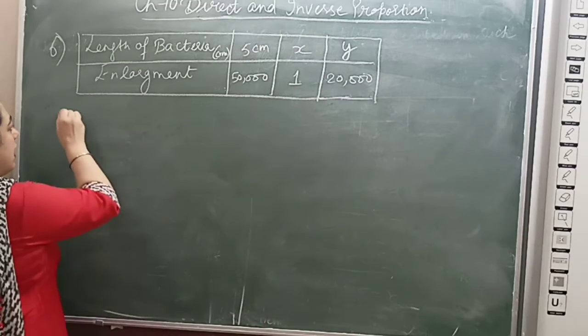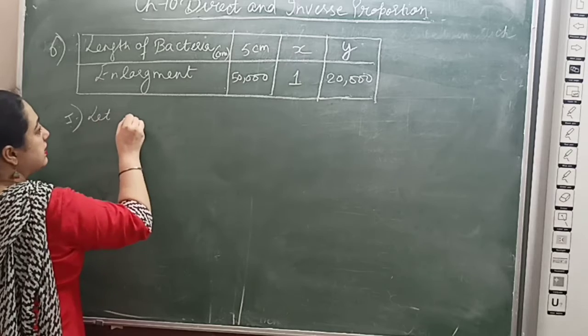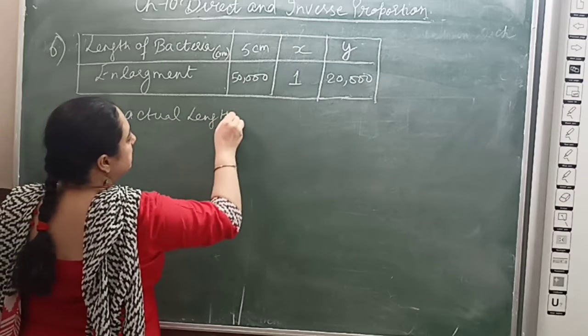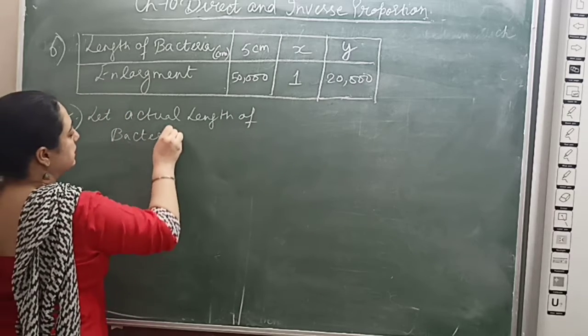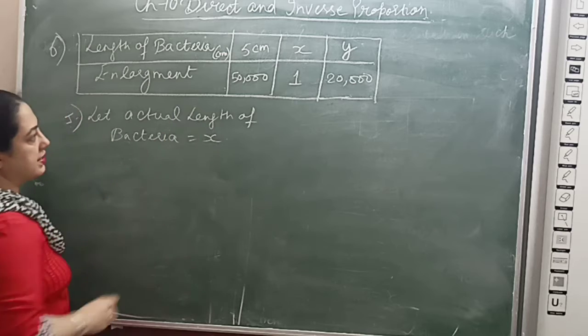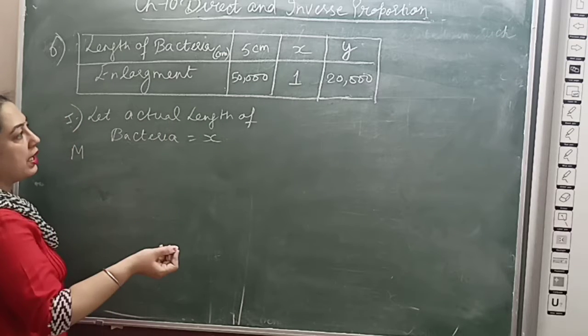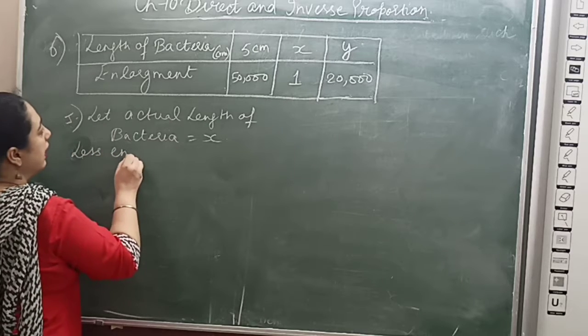Now there are two parts. In the first part, let us take the actual length of bacteria, it is x. More enlargement, more length, and less enlargement, less length.